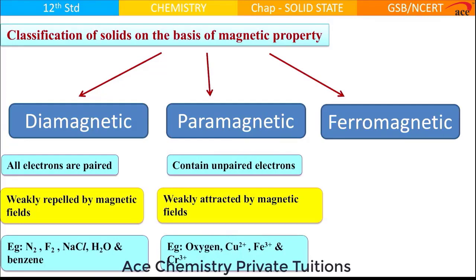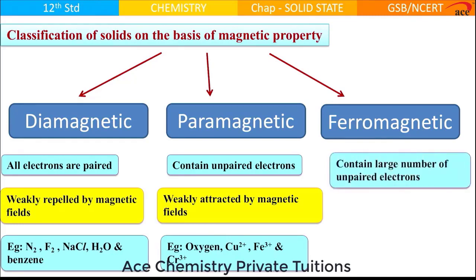Cu2+ with 3d9 has 1 uncancelled electron. Fe3+ also has 3d5 uncancelled electrons. Similarly, Cr3+ also has some unbalanced electron spins, therefore shows paramagnetic nature.